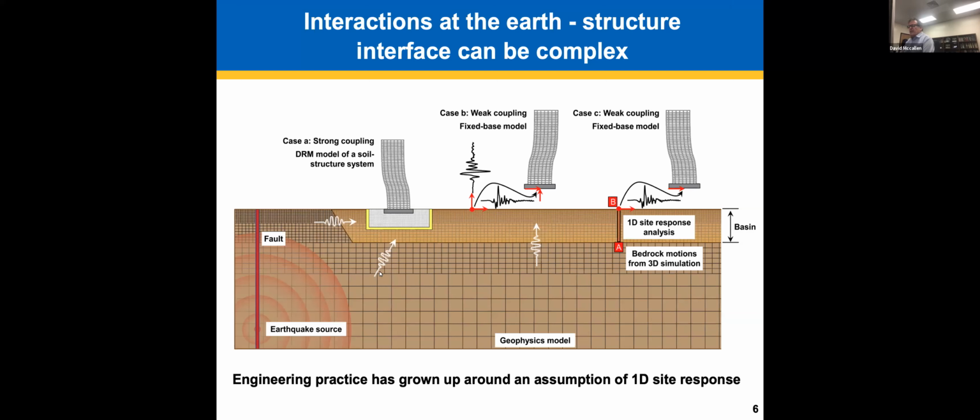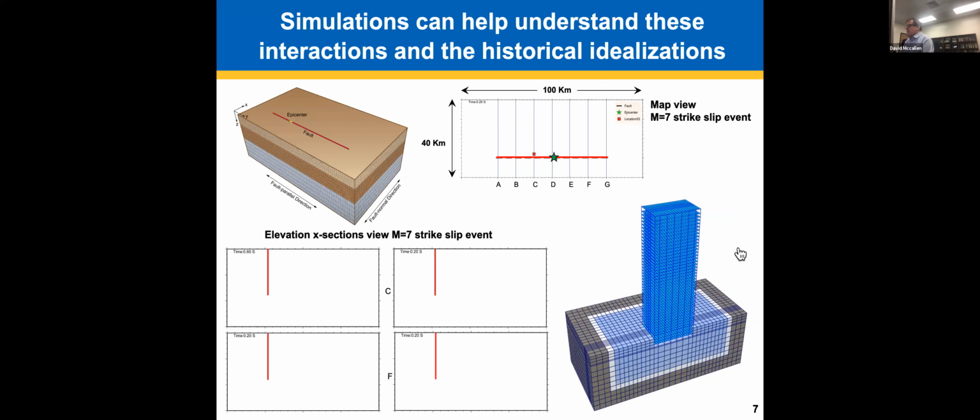The promise of advanced simulations is that for the first time we can begin to strongly couple our engineering systems with our geophysical systems, and thereby understand the influence of surface waves and inclined body waves and all the things that complicate this interface that for years we've idealized. And so that's going to be another important feature of the discussions we're going to have over the next few days: how to do that coupling and what the implications are.